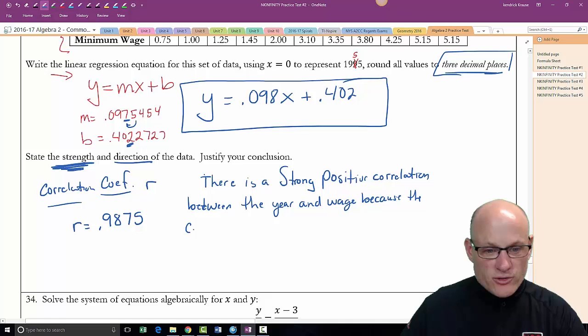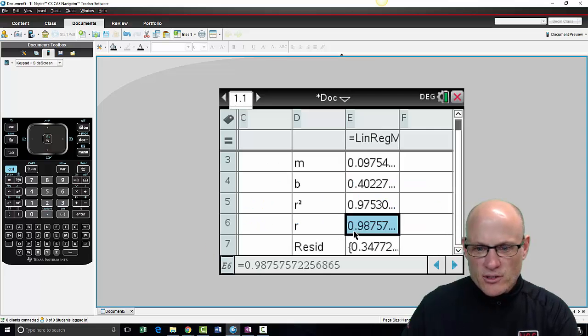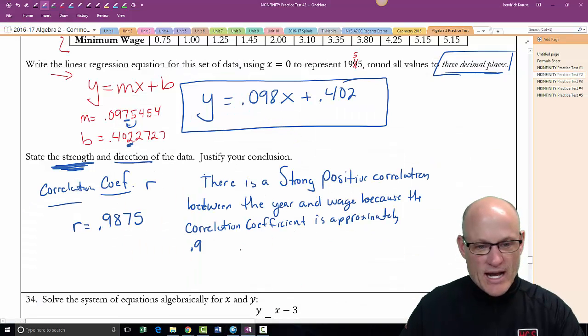You got to justify your conclusion because the correlation coefficient is approximately 0.987, 0.99.